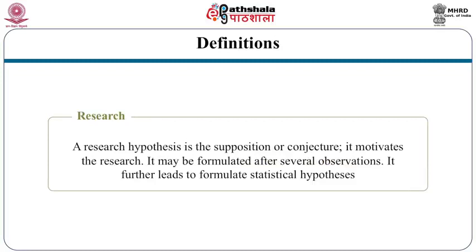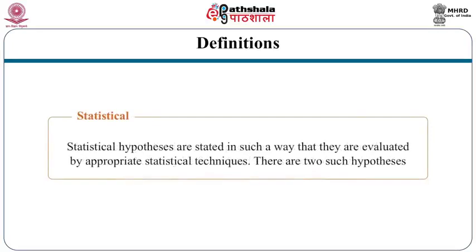It may be formulated after several observations. It further leads to formulating statistical hypotheses. Statistical hypotheses are stated in such a way that they are evaluated by appropriate statistical techniques. There are two such hypotheses.